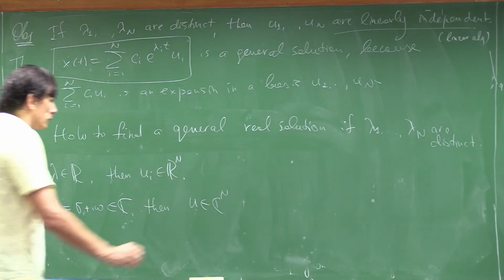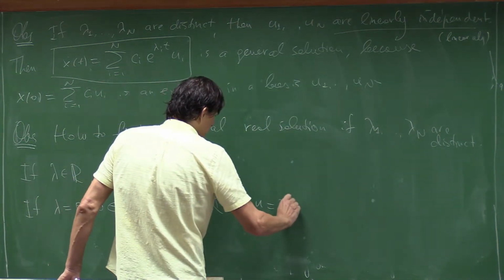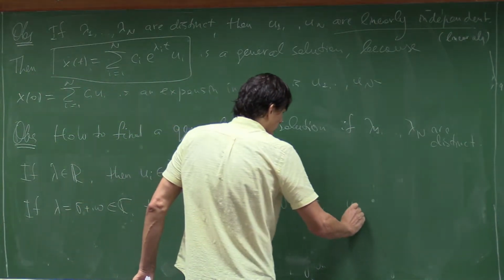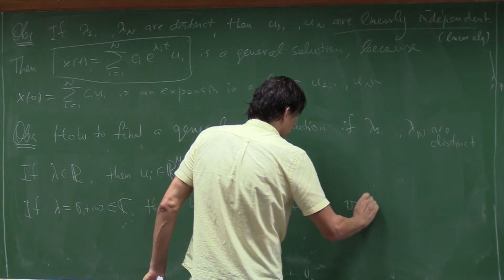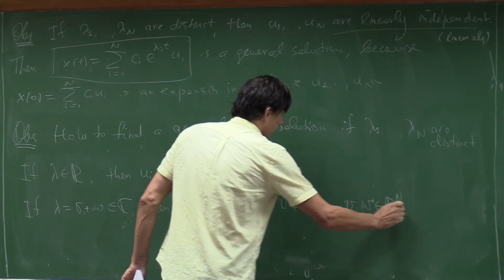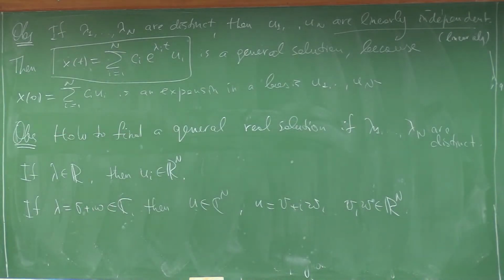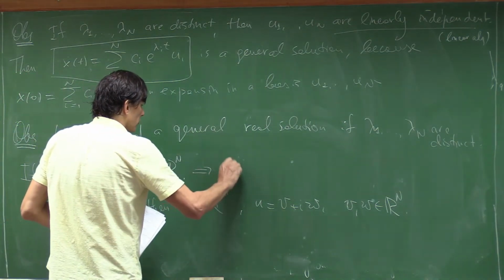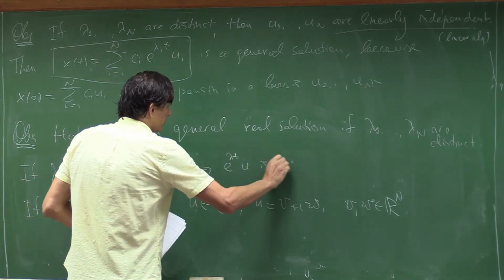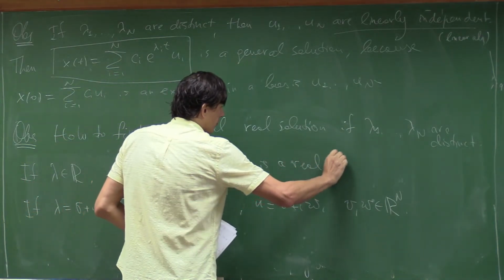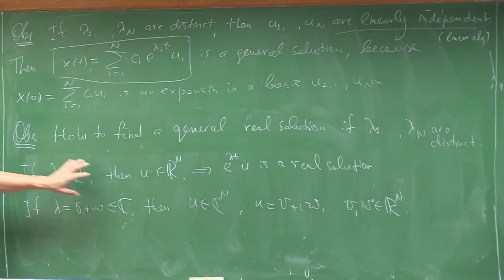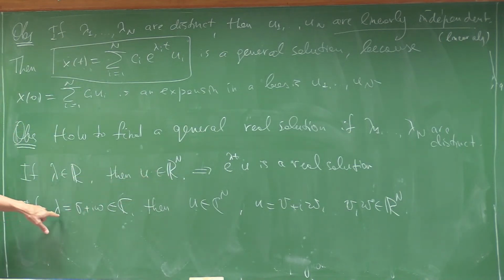We write the complex eigenvector as v plus i w, where now v and w are real vectors. We just separate the real and imaginary parts. So in the case of a real eigenvalue, a real root, we don't have to do anything. But what do we have to do if the root is complex?